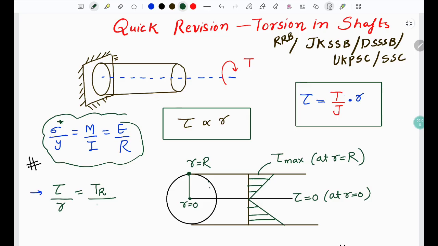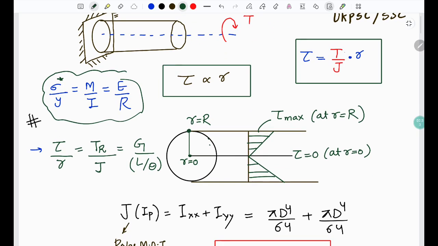I'll denote it by T. In place of the moment of inertia I, we have here the polar moment of inertia. In place of Young's modulus, we have rigidity modulus given by G. And in place of 1 by R, we have theta by L. So this is the first thing.